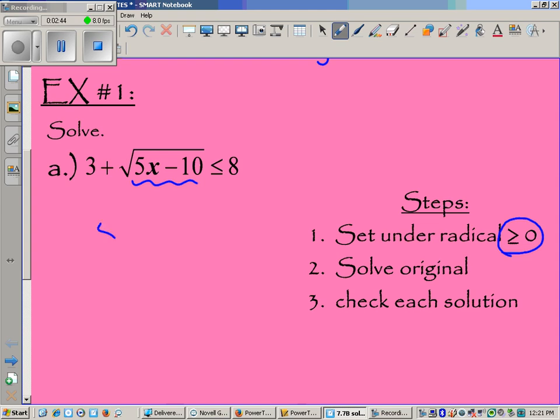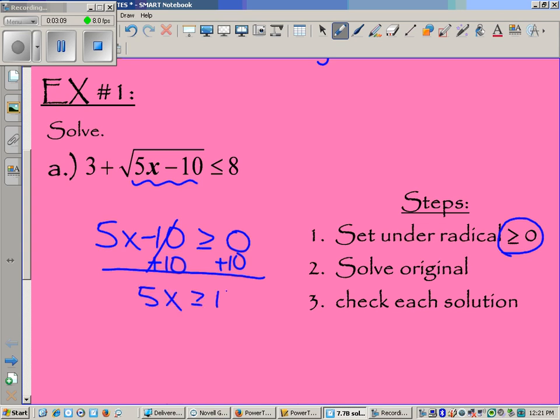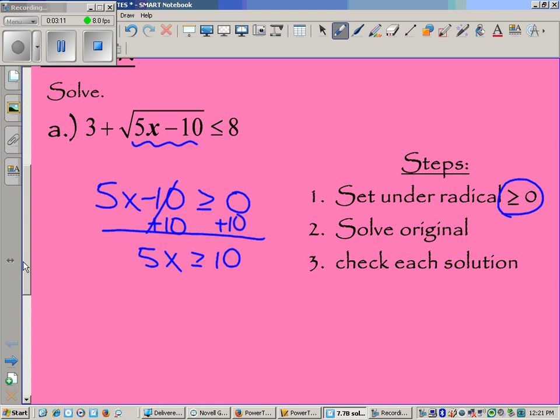So our first step is we're going to take this 5x minus 10, the stuff underneath my radical, and set it greater than or equal to 0. Because it can be bigger than 0, it can be positive, and it can equal 0. It just can't be less than 0, okay? So let's go ahead and solve this little baby equation. We're going to add 10 to both sides, and we're going to say that 5x is greater than or equal to 10.